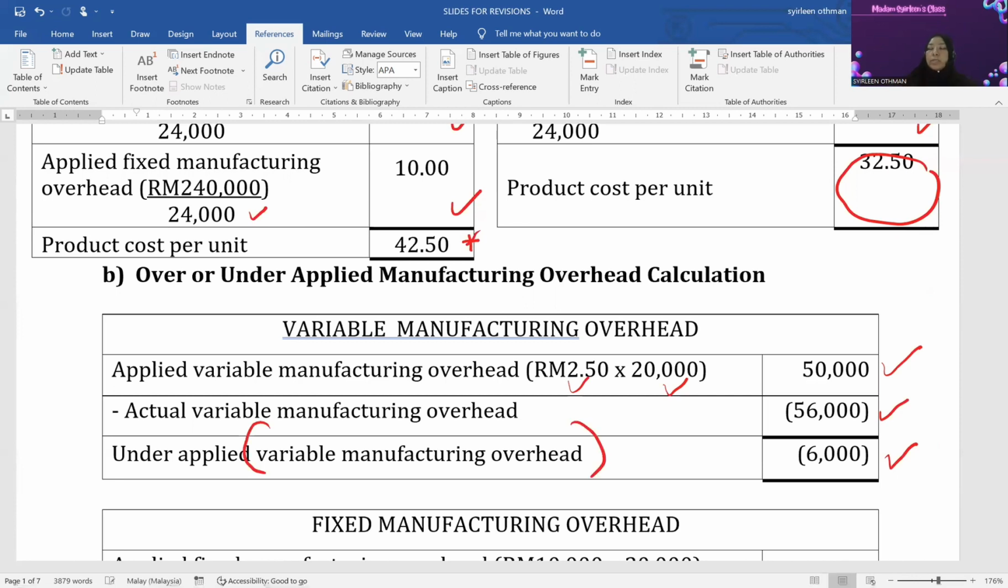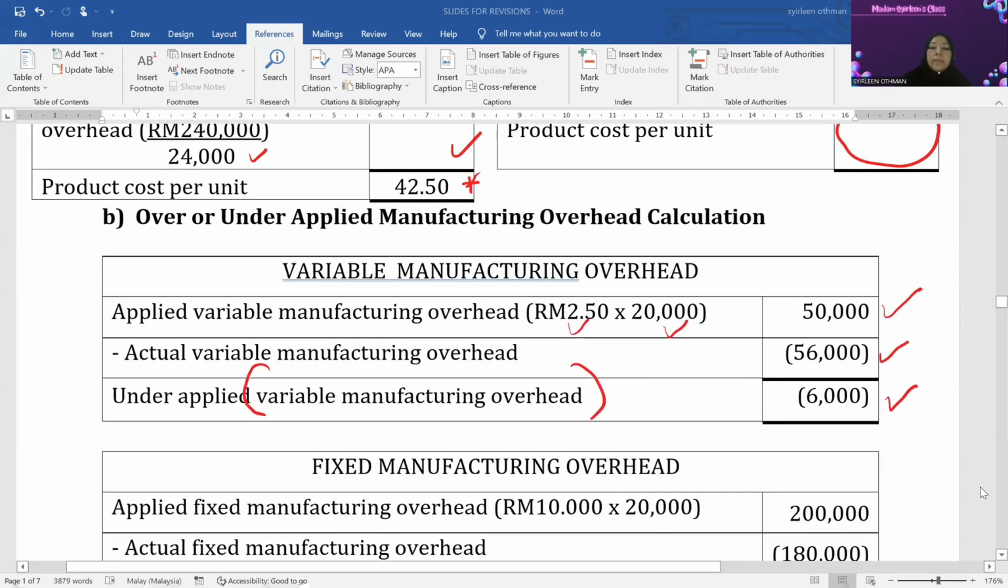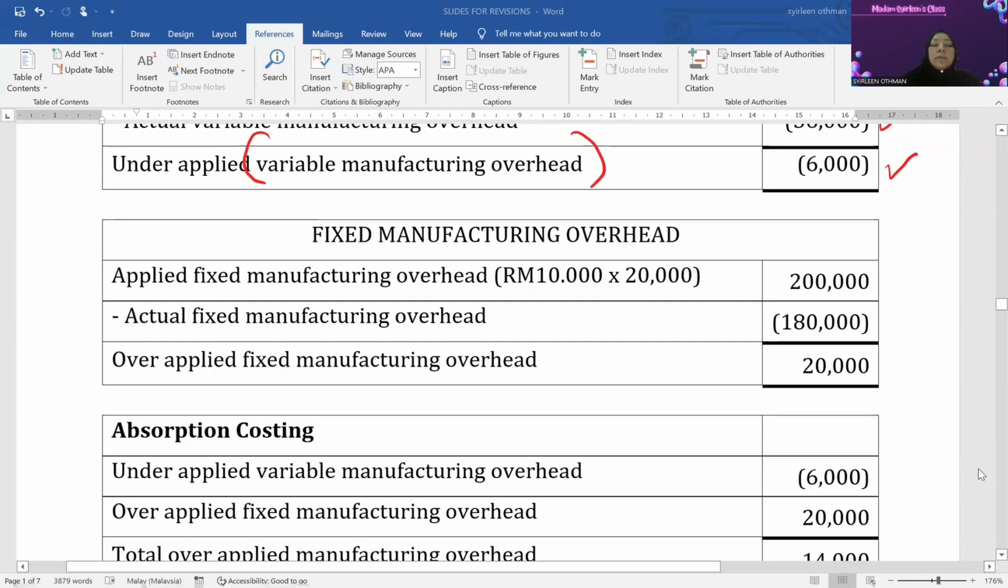Okay, we are going to do the adjustment separately, and then we are going to combine for absorption. And for marginal, I am going to take the adjustments for variable manufacturing overhead alone. All right, so for fixed manufacturing overhead, we are going to do the same thing. Here we have the applied fixed MOH.